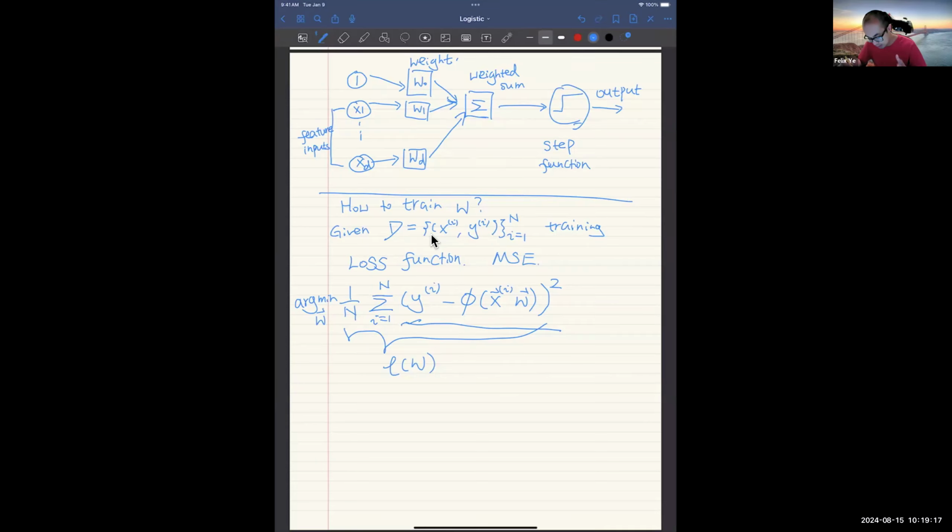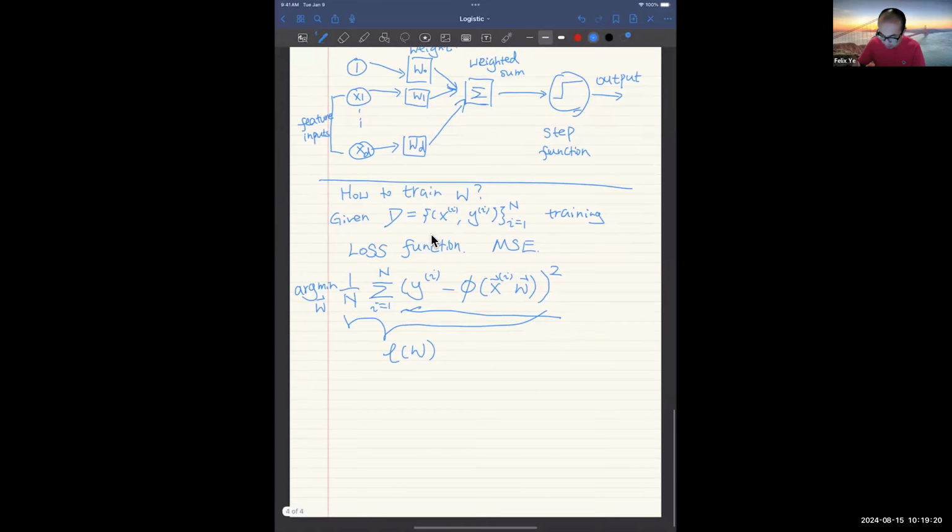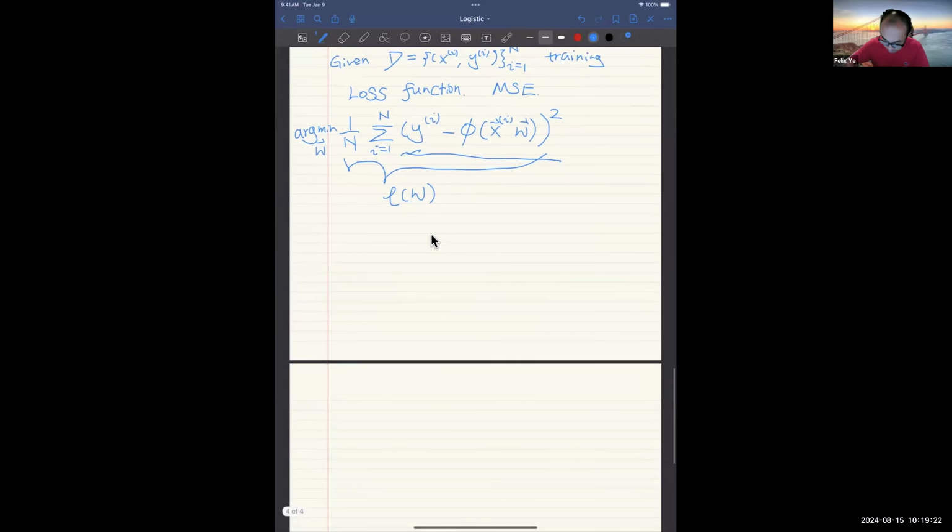But if we look at this closely, it can in general be written as 1 over n, summation i from 1 to n of big L_i of w. So this is the loss function for each component, each data entry of the training data.